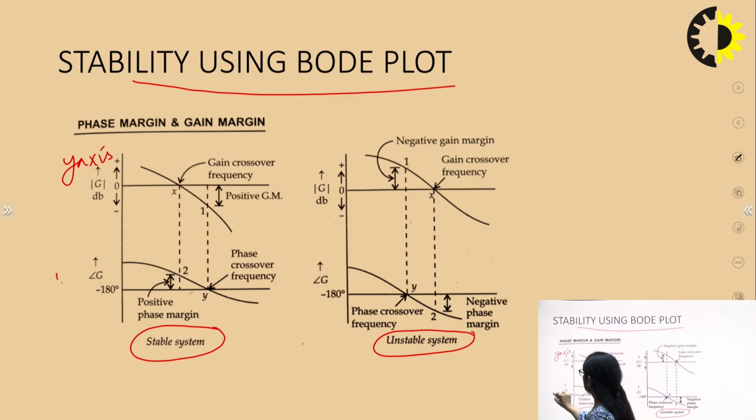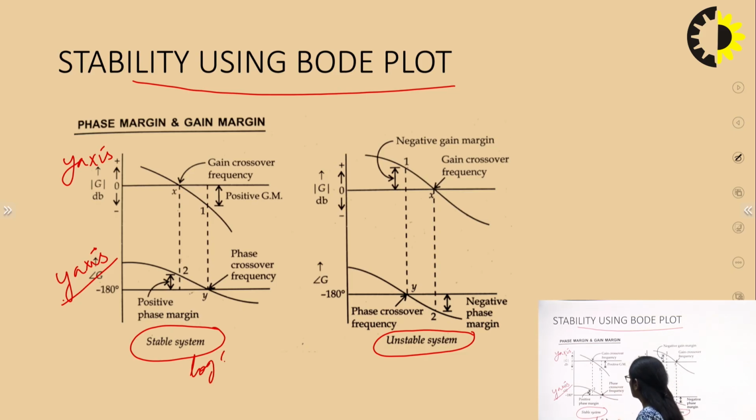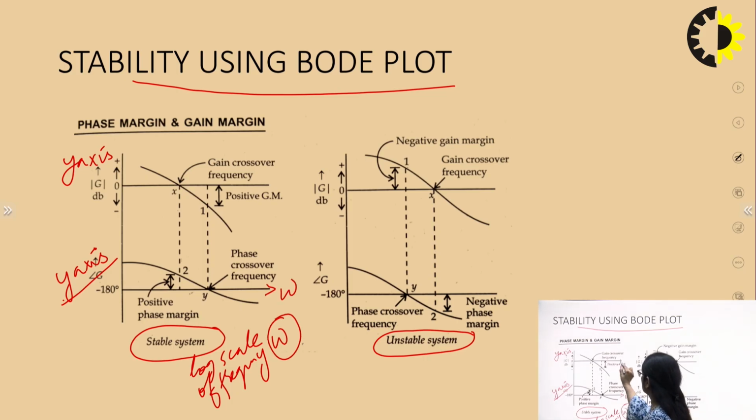Here the y-axis is the phase, and the x-axis in both cases is the log scale of frequency omega. This is omega, this is also omega, this is the magnitude, and this is the phase.